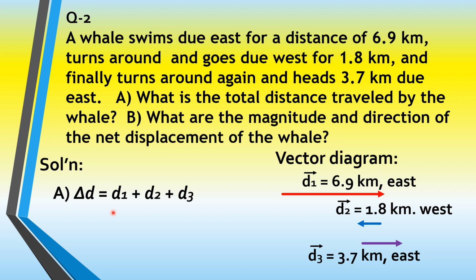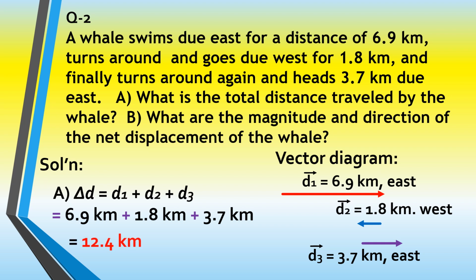Therefore, the total distance covered by the whale is just equal to 6.9 kilometers plus 1.8 kilometers plus 3.7 kilometers, and that is delta D, or total distance traveled by the whale, equal to 12.4 kilometers.